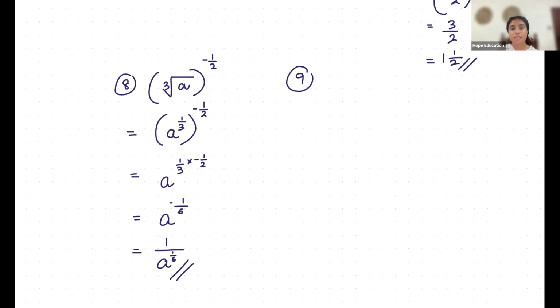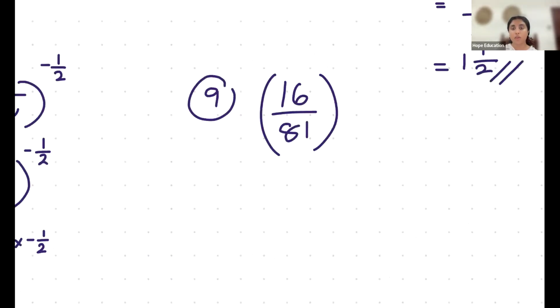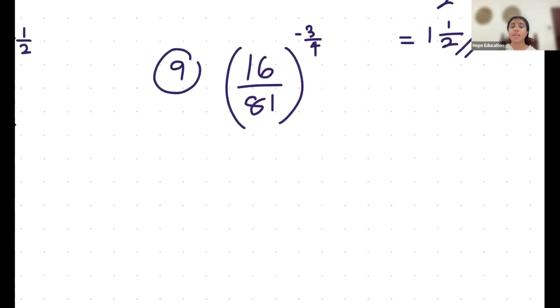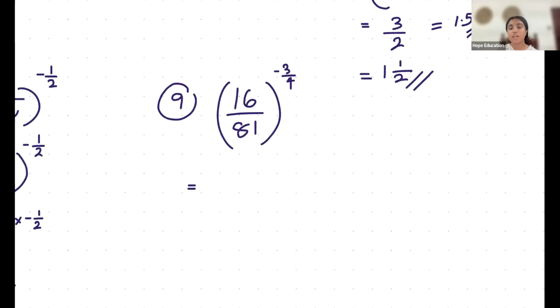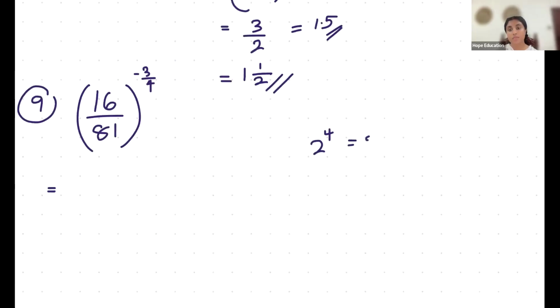Let's discuss 16 over 81 to the power minus 3 over 4. Okay. Now you know 16 I can write as 2 to the power 4, because 2 to the power 4 means 2 times 2 times 2 times 2. 2 times 2 is 4, 4 times 2 is 8, 8 times 2 is 16.